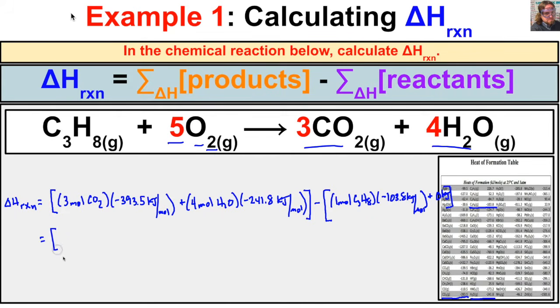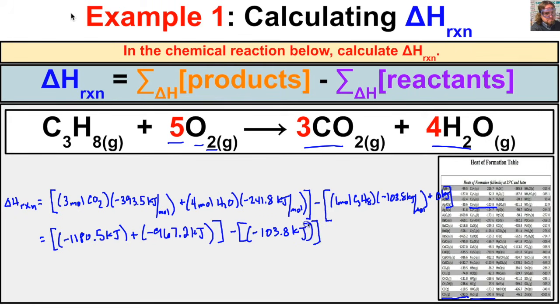So we end up with, it looks like, negative 1,180.5 kilojoules plus a negative 967.2 kilojoules. And then we're going to end up subtracting a negative 103.8 kilojoules.